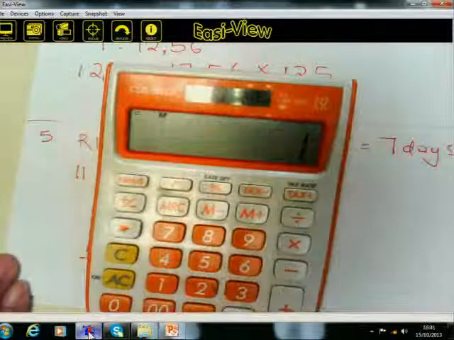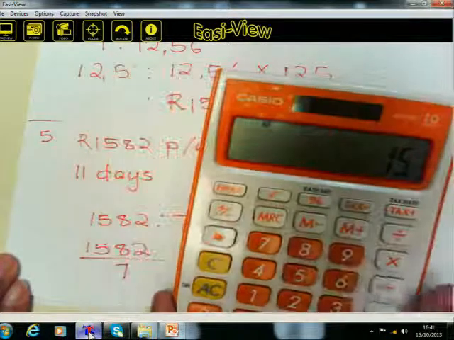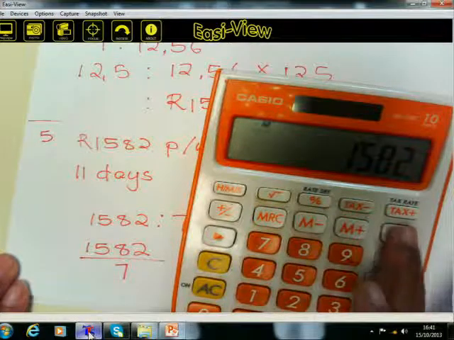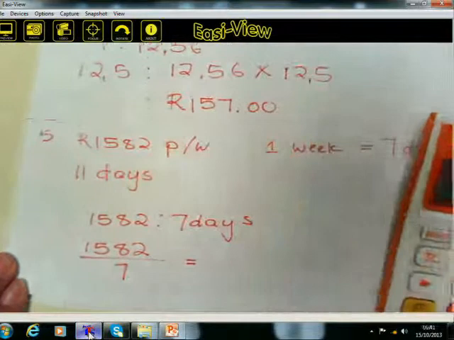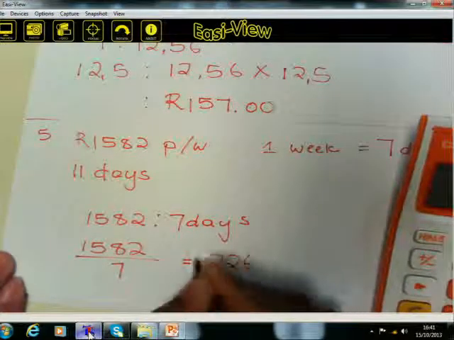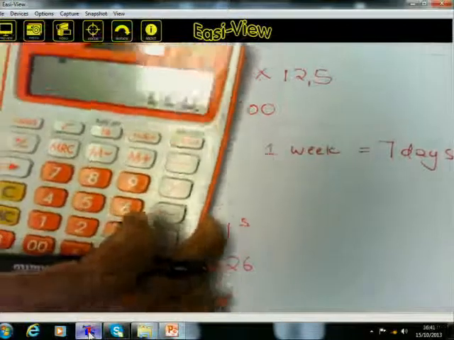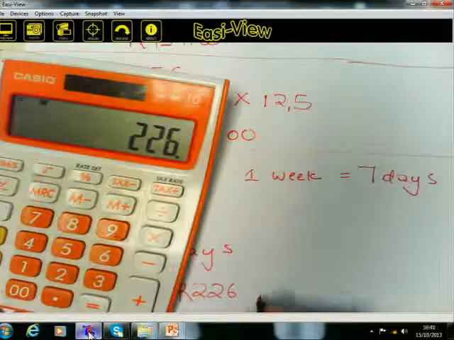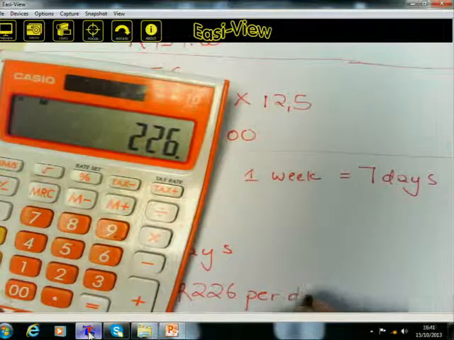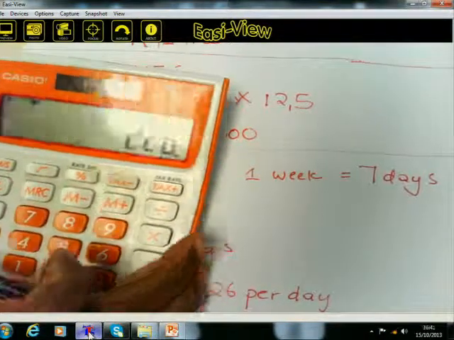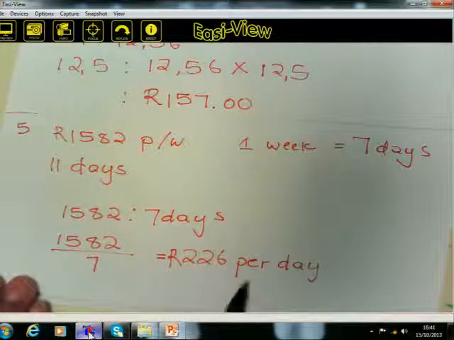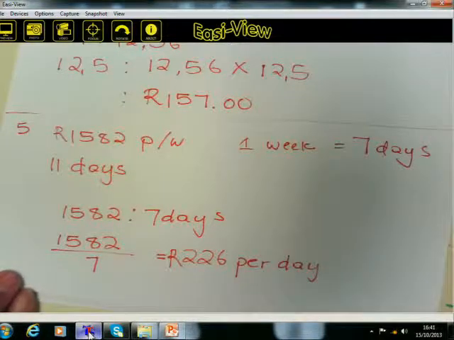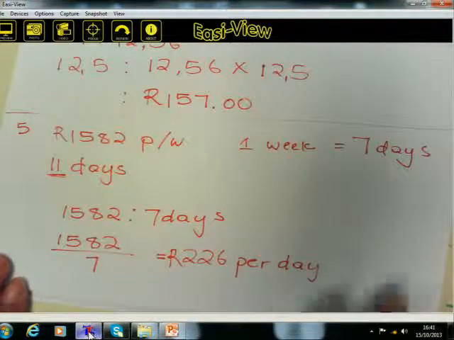So we're going to say 1,582 divided by 7 is equal to 226. So remember, this 226 is per day. This person is going to pay 226 for each day. So now we want to know, if this person is going to stay for 11 days, how much are they going to pay?